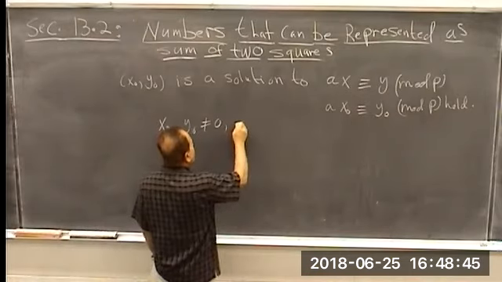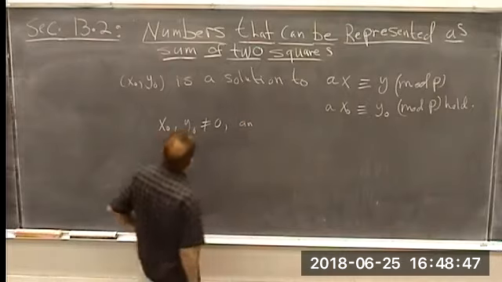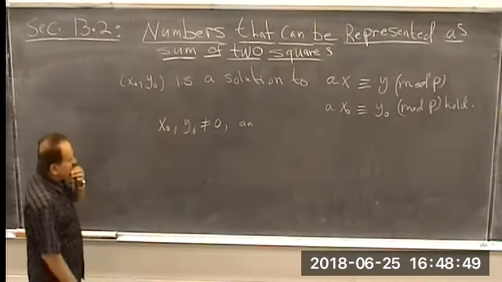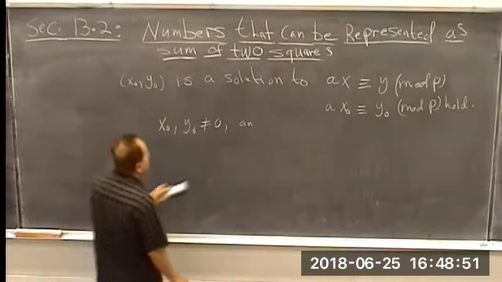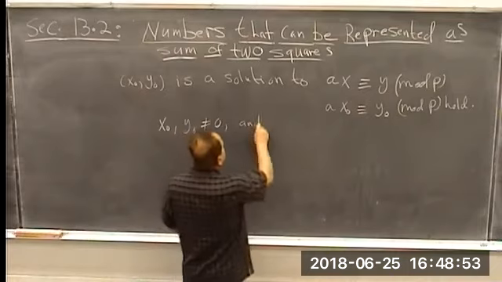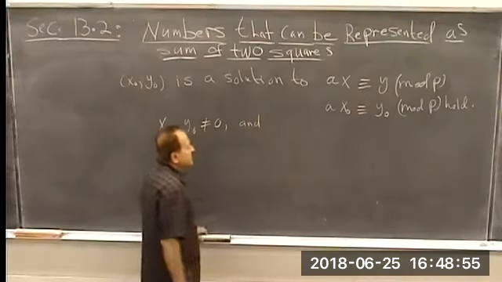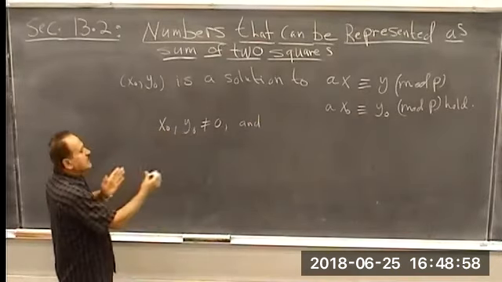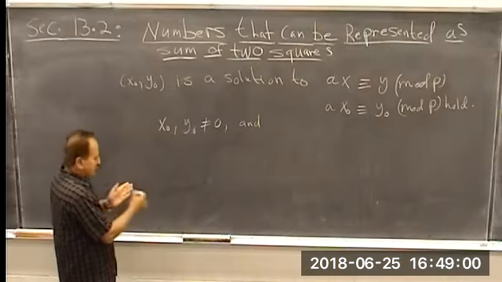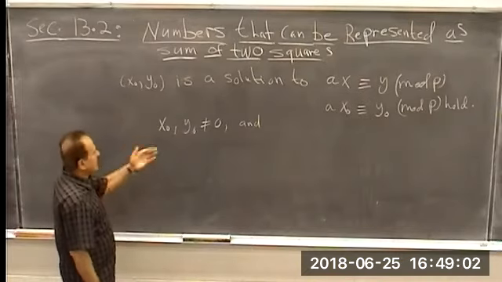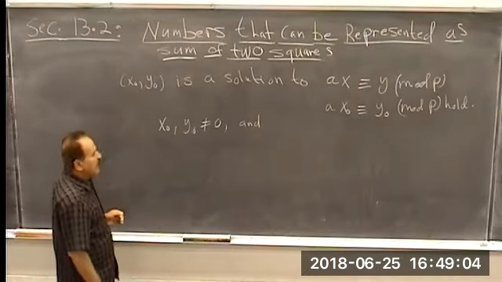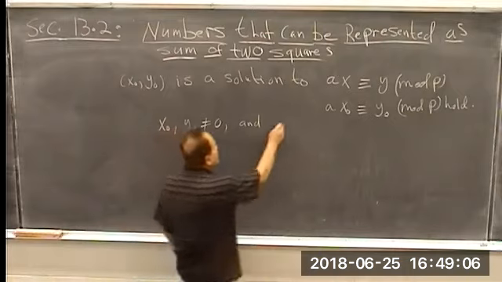And both of them, at least in absolute value, are less than... Actually, they range between negative square root of p and square root of p. Okay? Because some of them could be negative values. And we also have this.